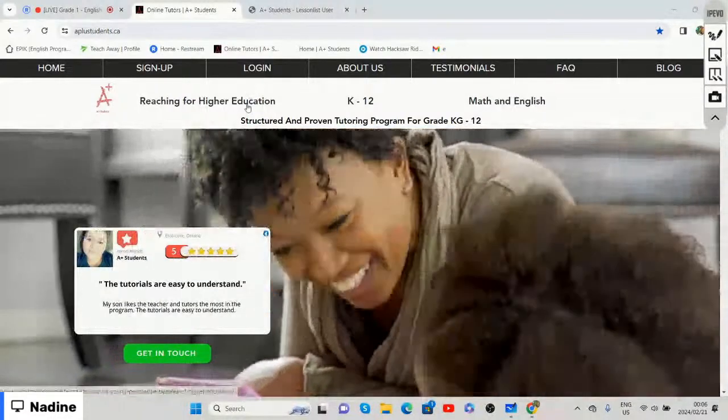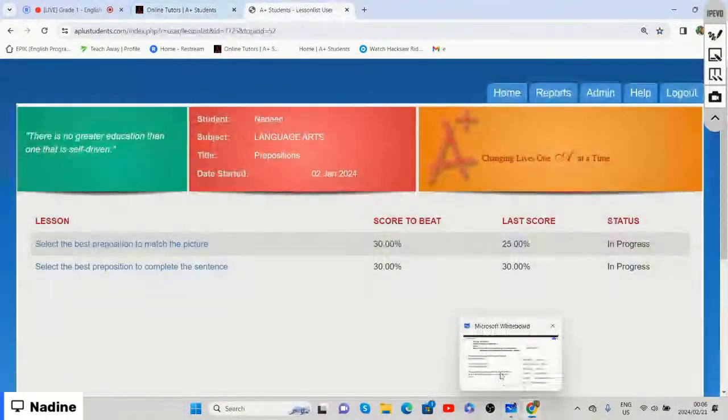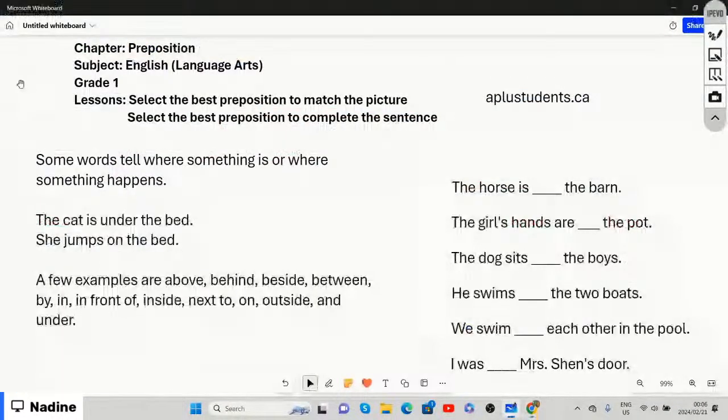All right. So we are doing the chapter of prepositions. Our subject is English language arts, grade 1.